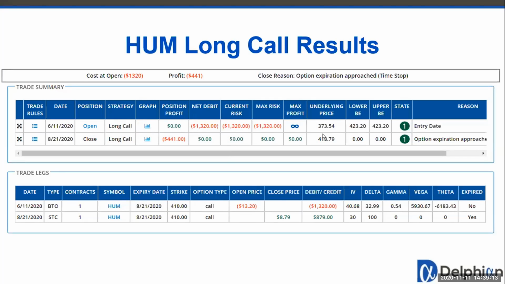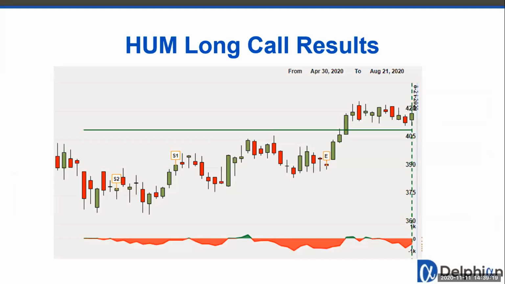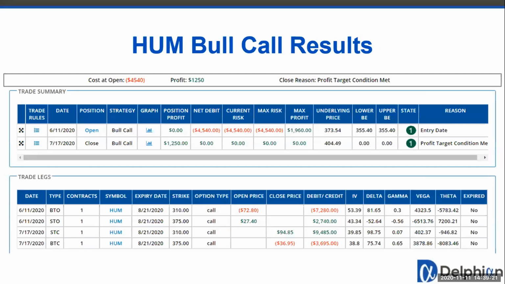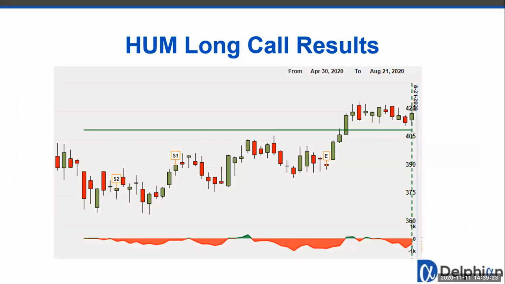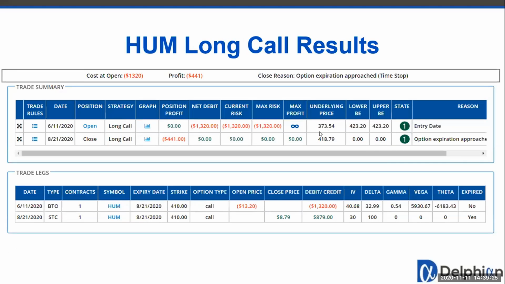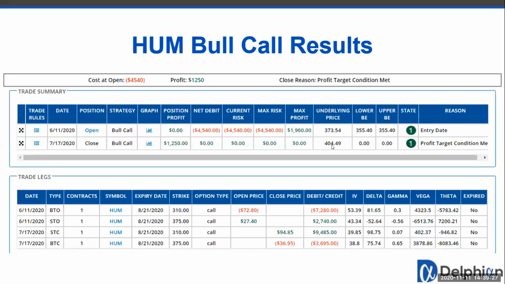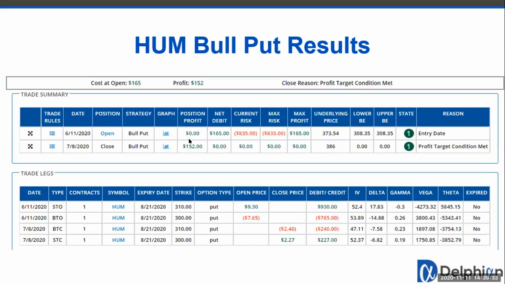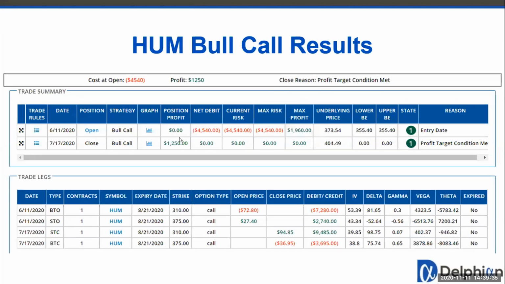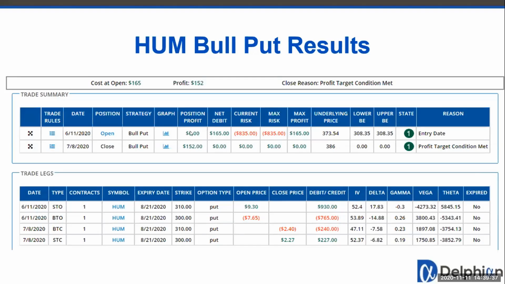And it had gone up a pretty good amount. This one had gone up $45. This one had gone up 30 when you were able to close it out. And this one closed out earlier, on the 8th.